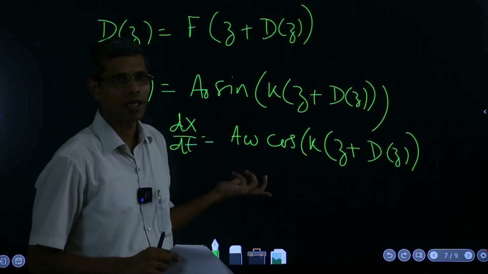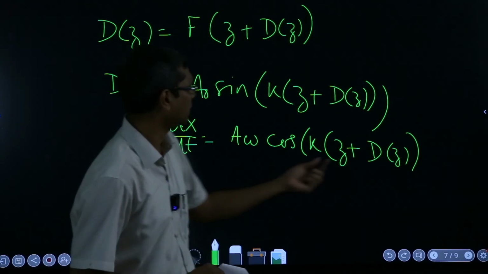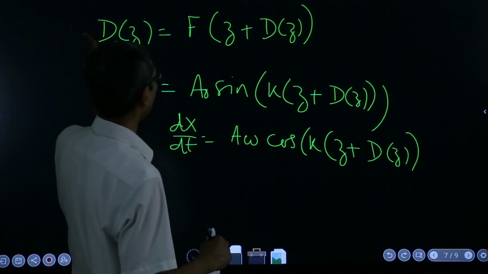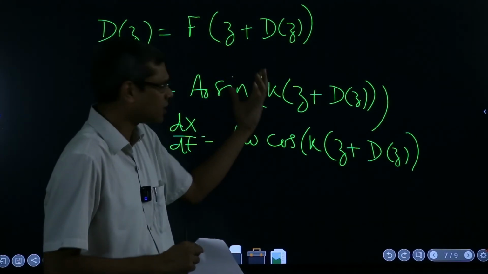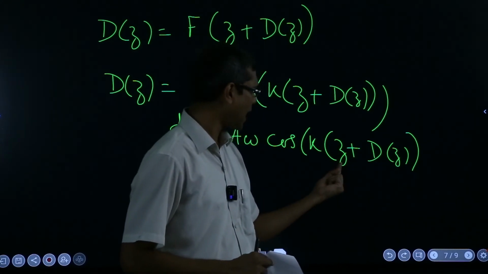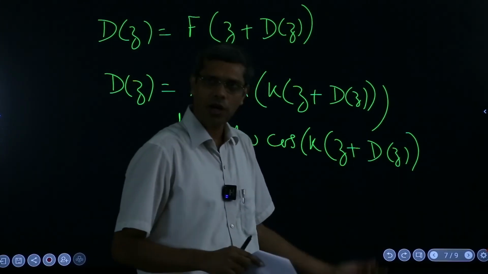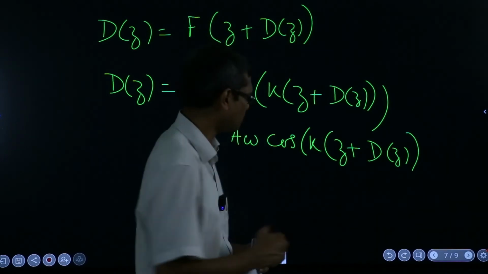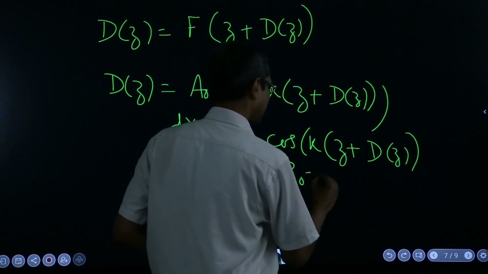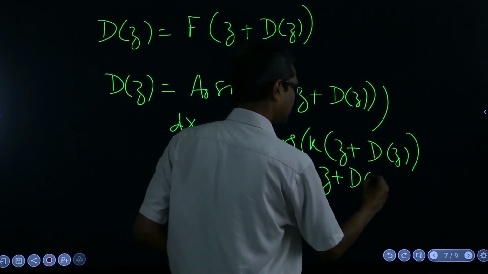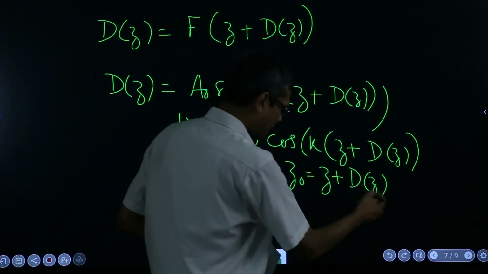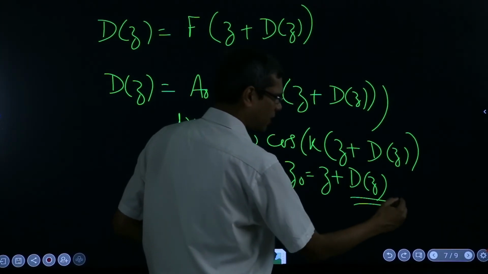Here d will represent the same function which you have got from here, because once you got this, if you add z to that, you are actually getting z naught. So z naught is nothing but z plus dz, and now when you are writing this, this is a known function.